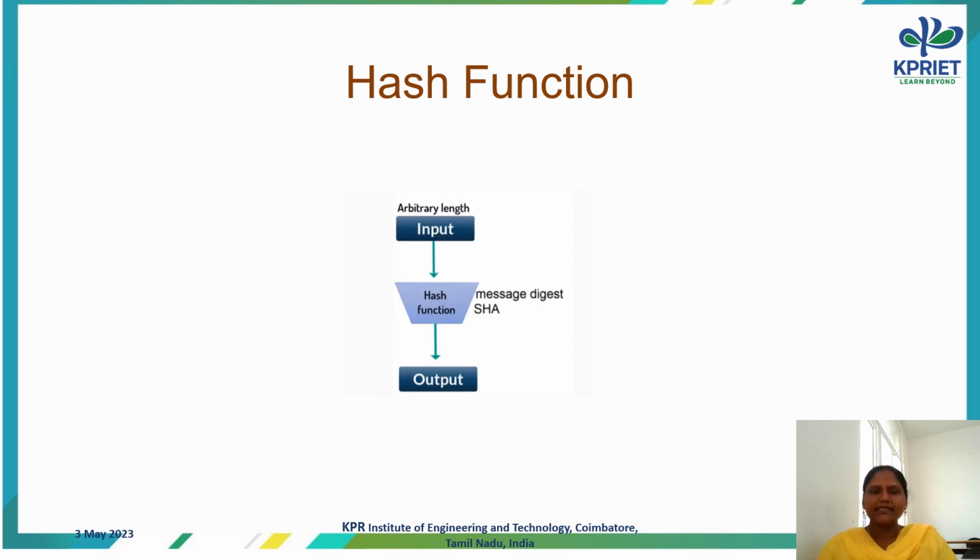Even if you pass thousands and thousands of lines as an input, again the SHA-256 algorithm is going to produce output of fixed length, 256. So this is the main advantage of the hash function. The malicious person cannot identify whether the input is a single word, a single line, or thousands and thousands of lines. So prediction is very difficult for a malicious person.